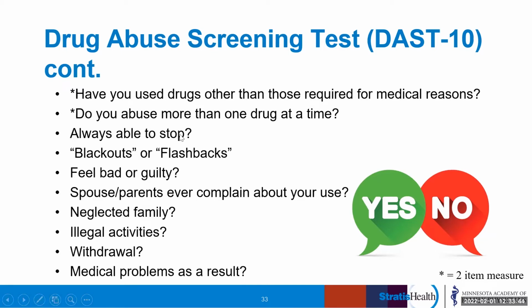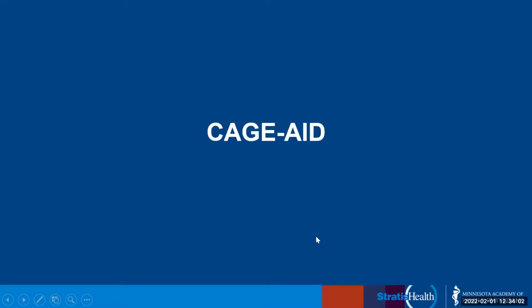Do you abuse more than one drug at a time? I mean, this would have to be a very forthcoming patient. And then if you look at the rest of the questions, this is basically your DSM-5 criteria, just in straightforward, couple-word questions.